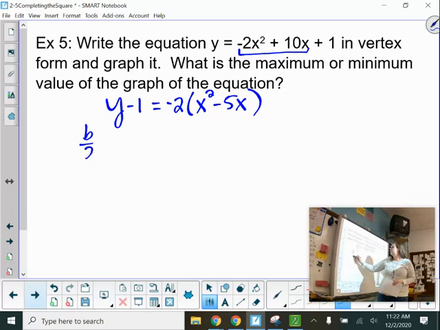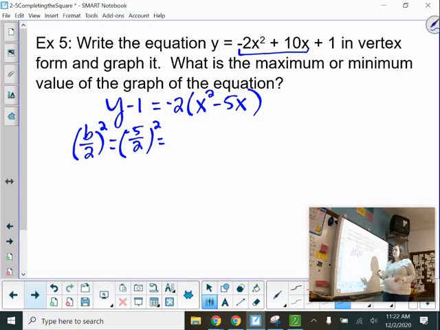So now we do our b/2 squared term. Your b is going to be the new term that you have inside the parentheses, not the original b term that was in the problem. So this is -5/2 squared. That is going to be a decimal. It's up to you guys whether you want to use the decimal or the fraction. I'm actually going to go the fraction route.